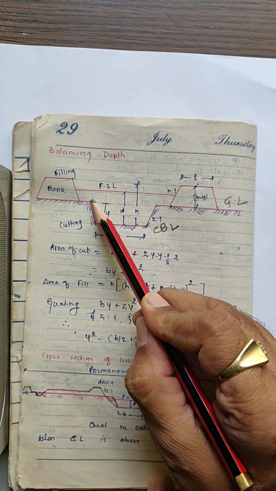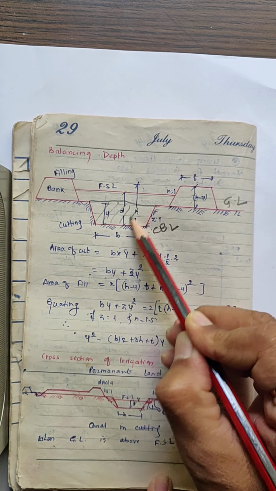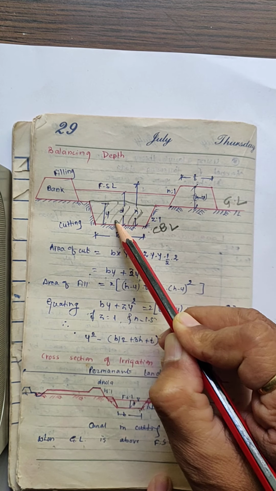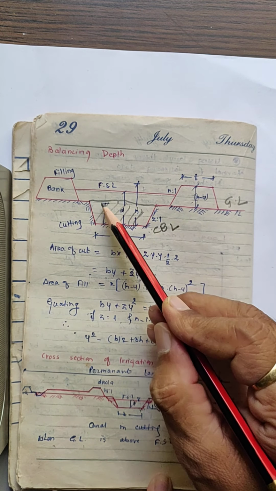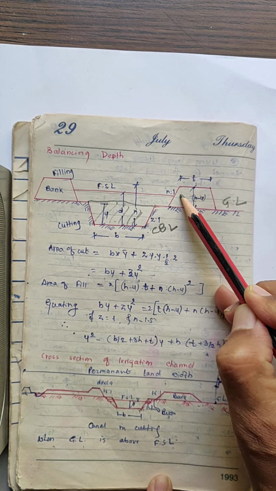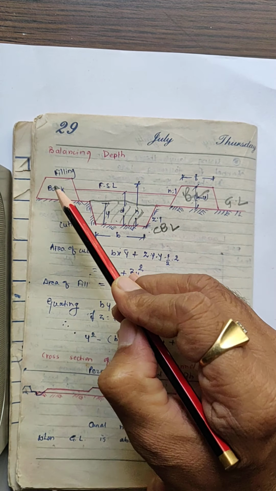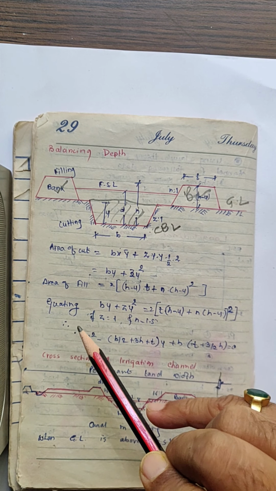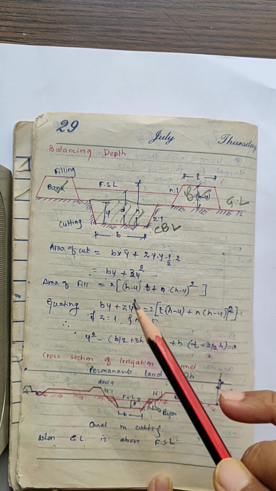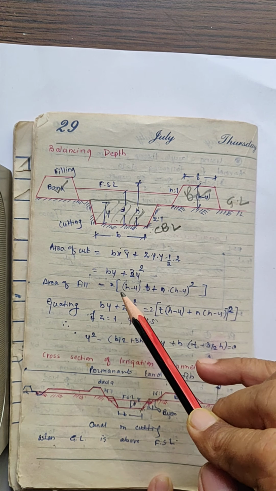We will excavate from this portion, taking a volume of 1 meter length or 1 kilometer length, and this volume will be used for banking. This depth is known as the balancing depth of cut.